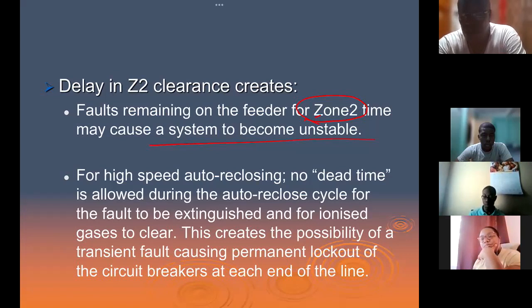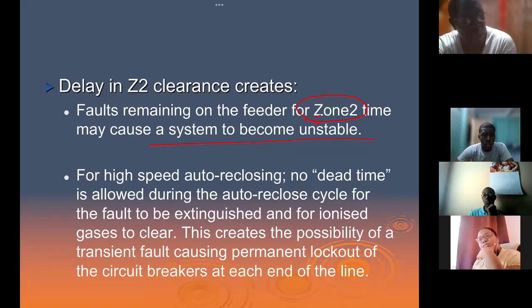If we could do so without delay, if we can do so instantaneously, that would be ideal. But as we go through this afternoon into this evening, what you're going to see is that although instantaneous is ideal, we try our best to ensure that the clearance or the opening of the breaker happens properly.